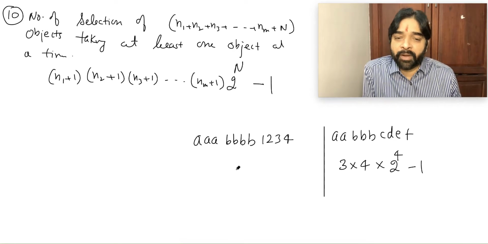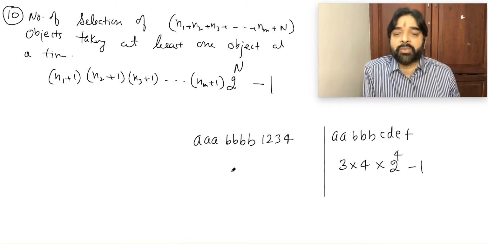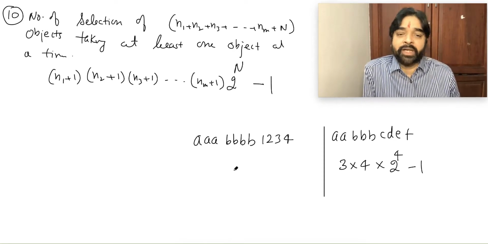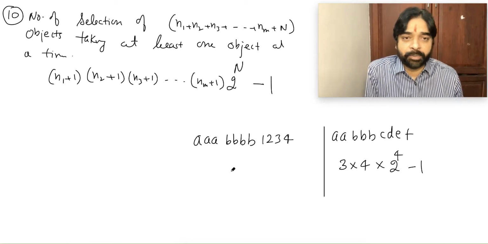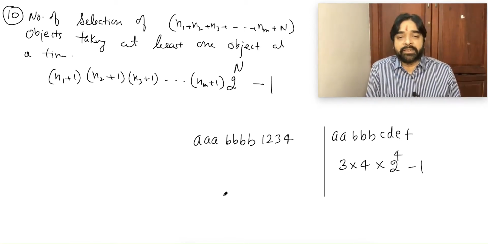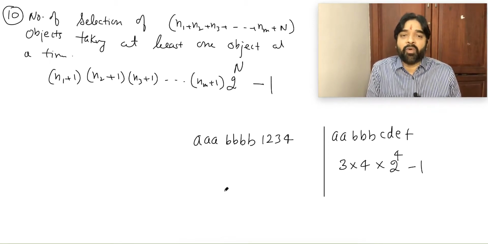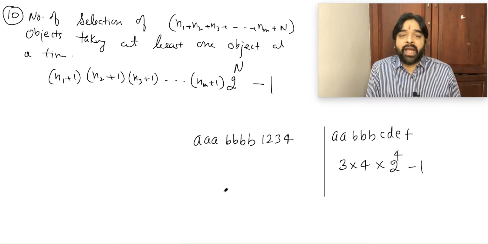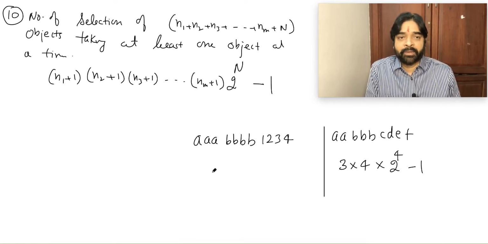So that there should be at least one vowel, one consonant, and one digit. In how many ways can I select at least 3 characters, so that there is at least one vowel, one consonant, and one digit must be there. Everybody understood the question?